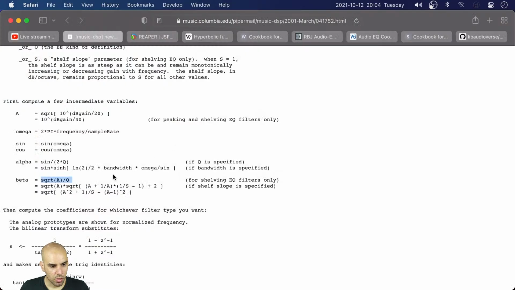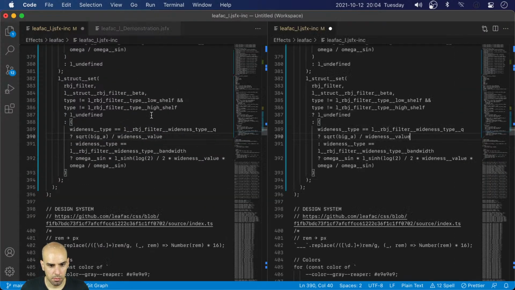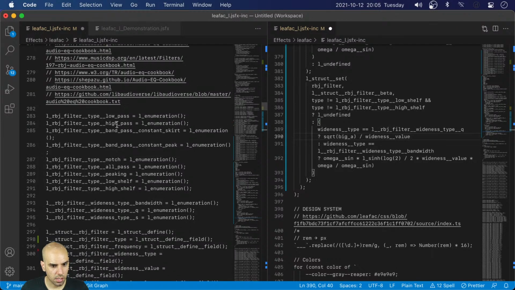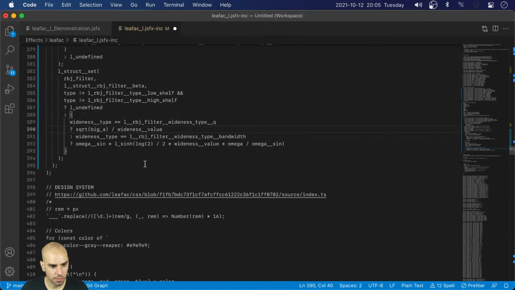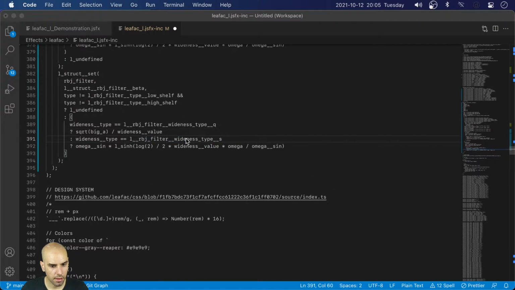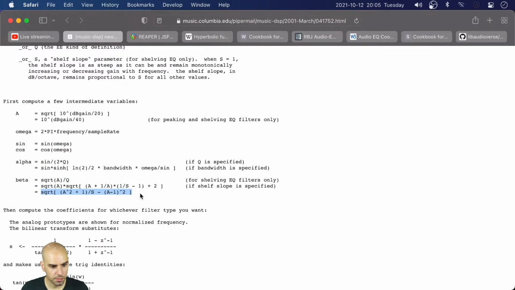And if I am not on the bandwidth type, but on the S type, then I can use this formula.